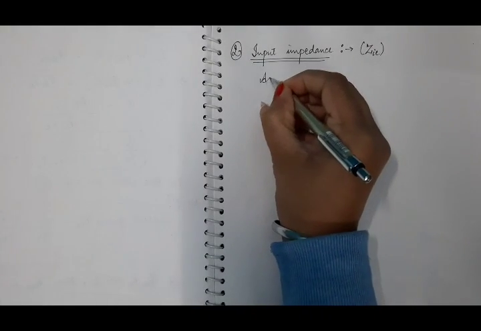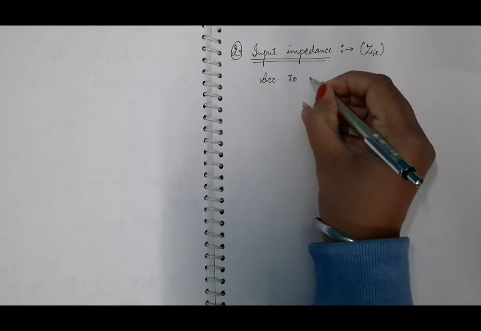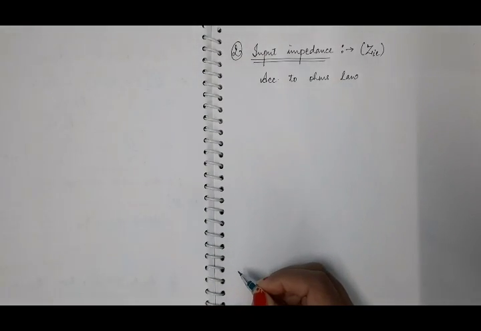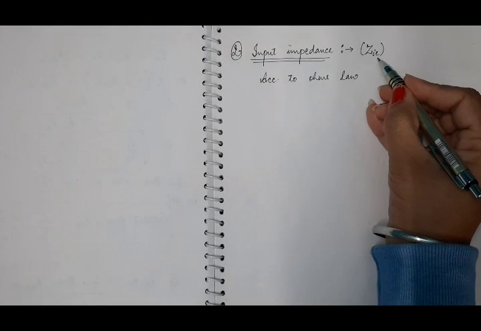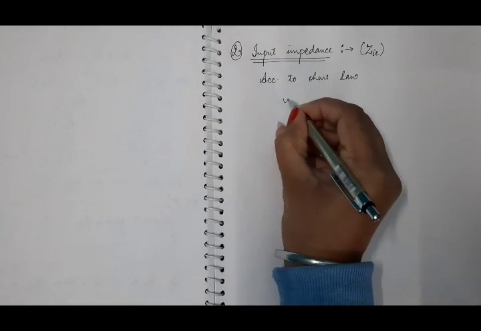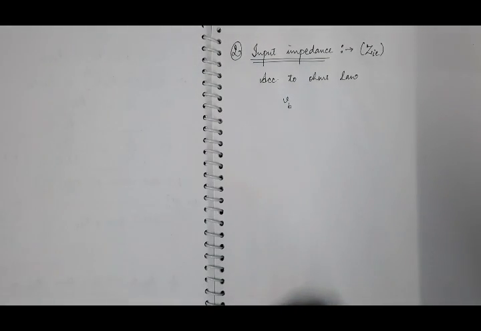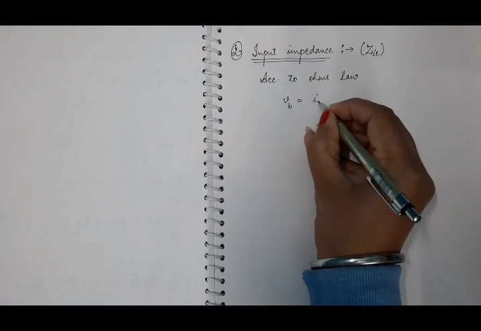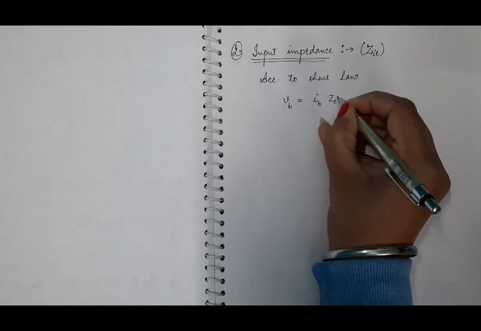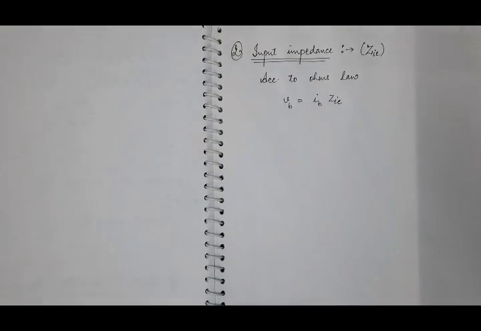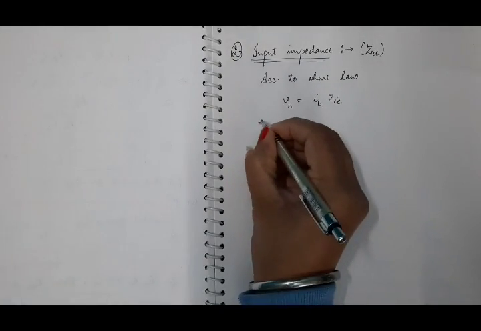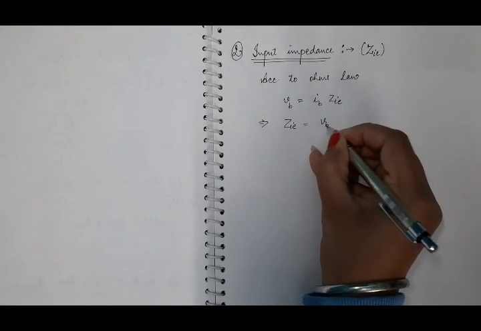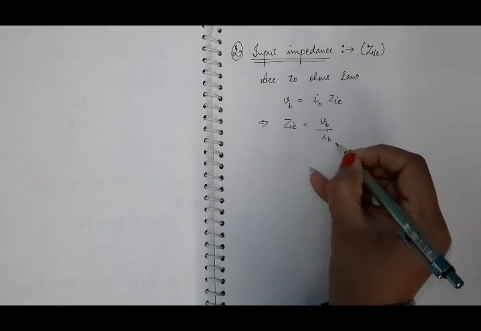According to Ohm's law, this is input impedance. So it will be the input voltage, that is VB in this case, equal to input current IB into input impedance ZIE. So input impedance ZIE is the ratio of input voltage to the input current.